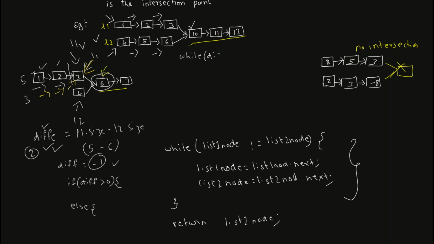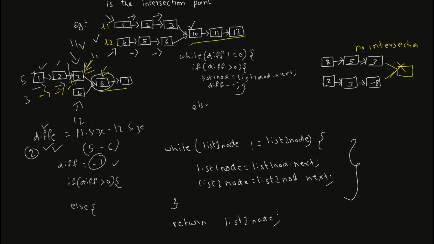Our while loop will iterate while the difference is not equal to 0. Let's write the condition: if the difference is greater than 0, that means list1 is the longest. We need to iterate list1: node equals list1 node.next. Since the difference is a positive value, we need to decrease it until we get 0.